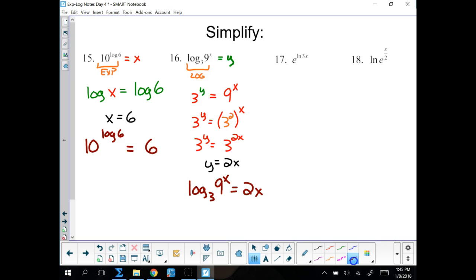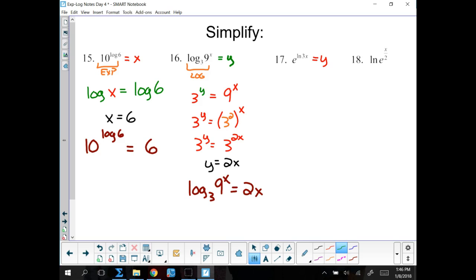Okay. Next one. Again, can't set it equal to x because there's an x in the problem. So we'll set it equal to y. Then, what kind of form is it in? Exponential, so I need to put it into logarithmic form. So actually what I should say here is log base e.